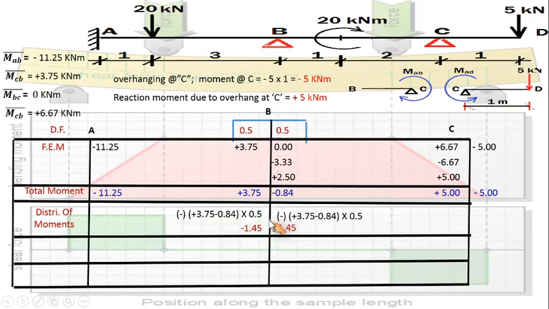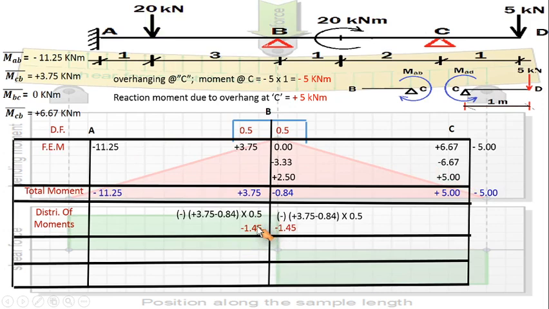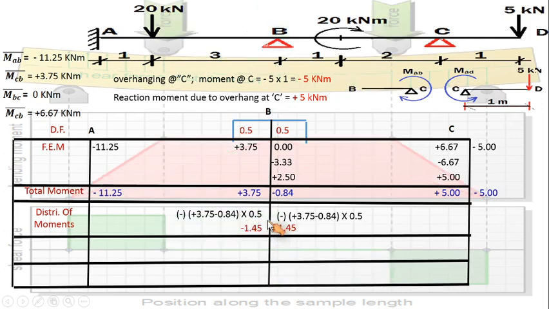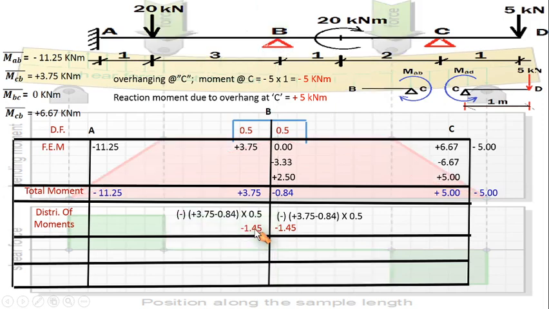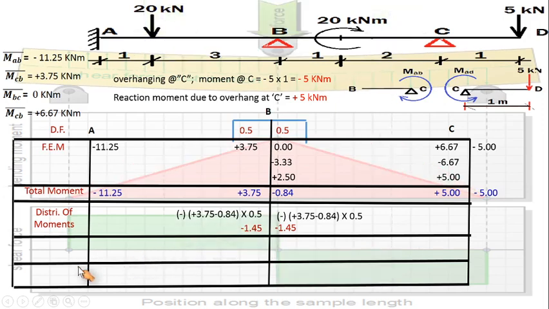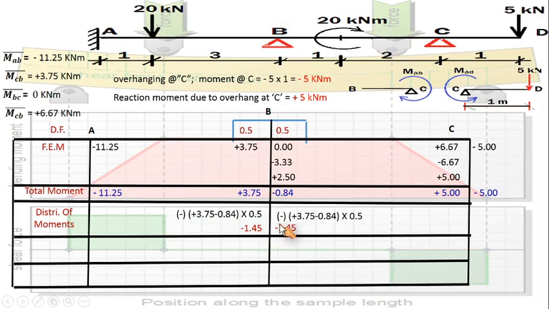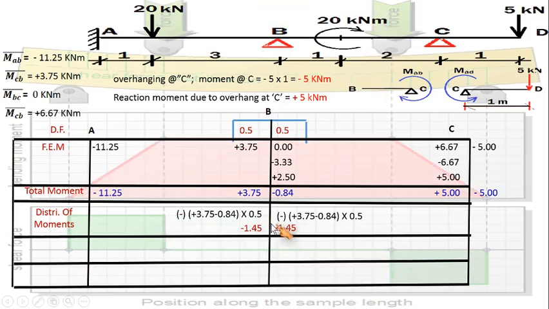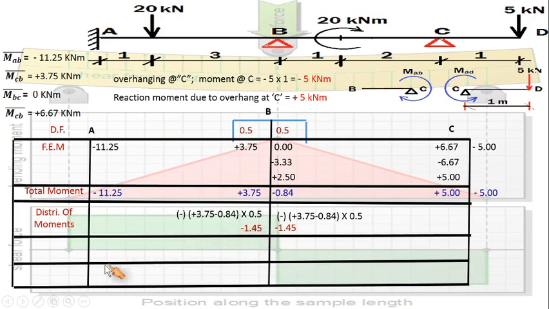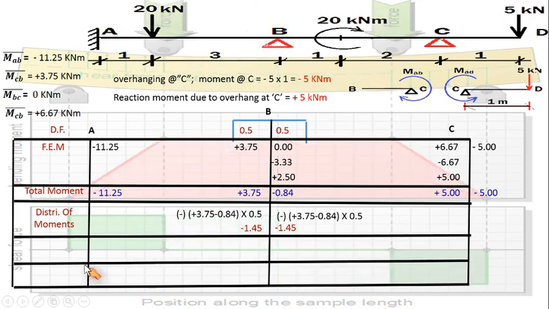Now after doing the distribution of moment about joint B, those moments are to be half transferred to the far end. Is it okay? So that is what we call carrying over of the moment. So here I did a moment distribution, half of that is to be carried over to the far end. Is it okay?